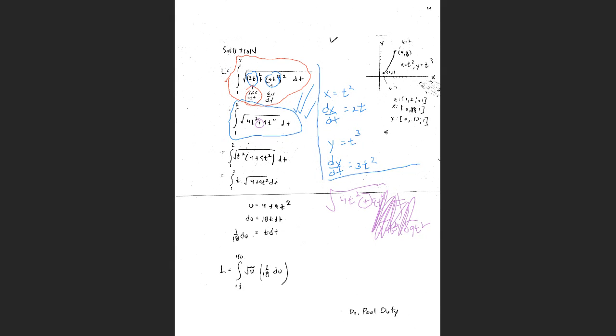One thing you might notice right off the bat is that in 4t squared plus 9t to the fourth, there's a common factor of t squared. We can factor t squared out. So that would give us t squared times 4 plus 9t squared. And so that's what we have here.